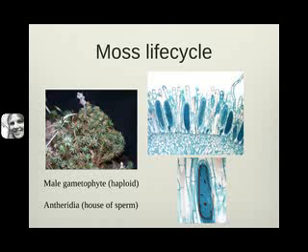The antheridia will bust open when the sperm are mature, and they will move through a film of water. So they're flagellated, and they have to have water to move through. So they'll move through a film of water, and they're chemotactically attracted to exudates from the structure that houses the egg. And we're going to look at that in the next slide.